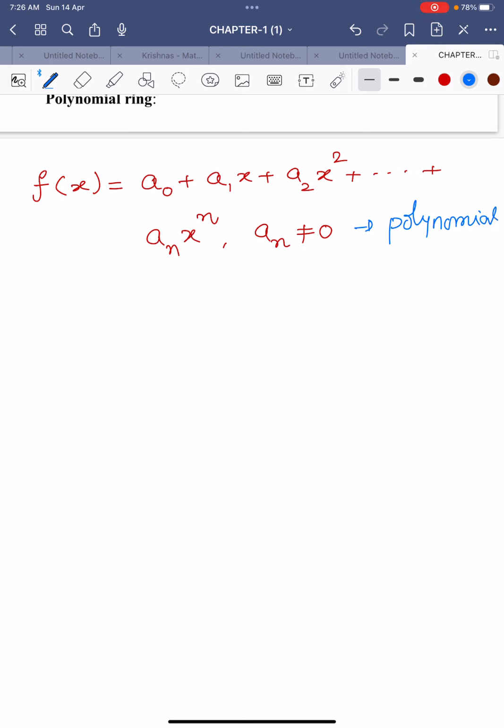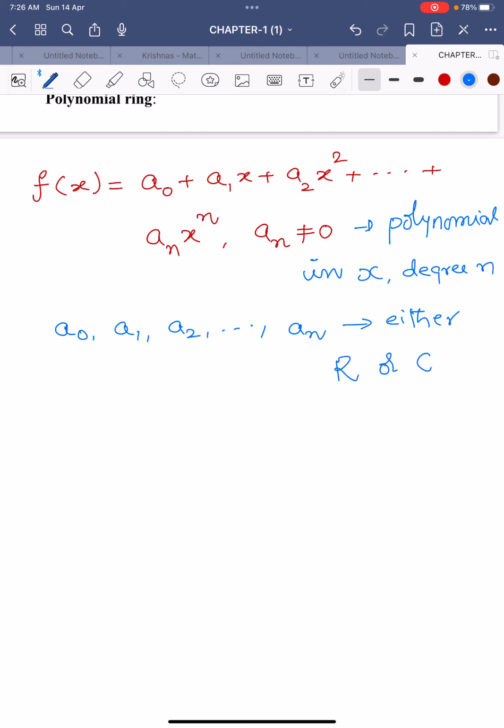This is known as a polynomial in the variable x of degree n. Here a0, a1, a2 and so on an are either real or complex numbers. These a0, a1, a2 and so on an are called coefficients of the polynomial f of x.